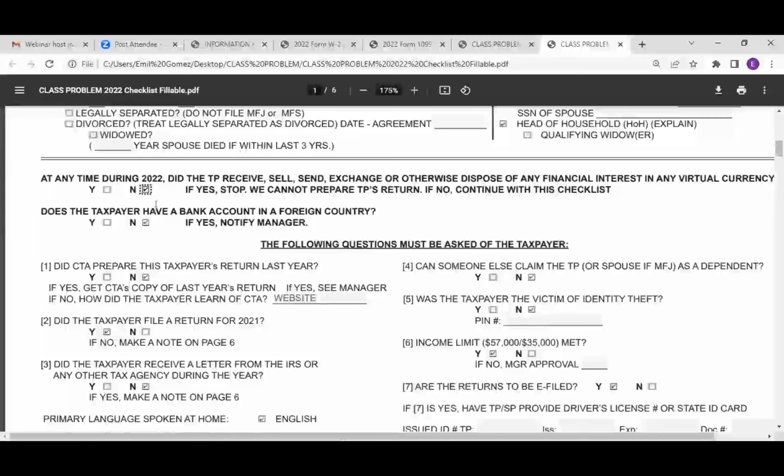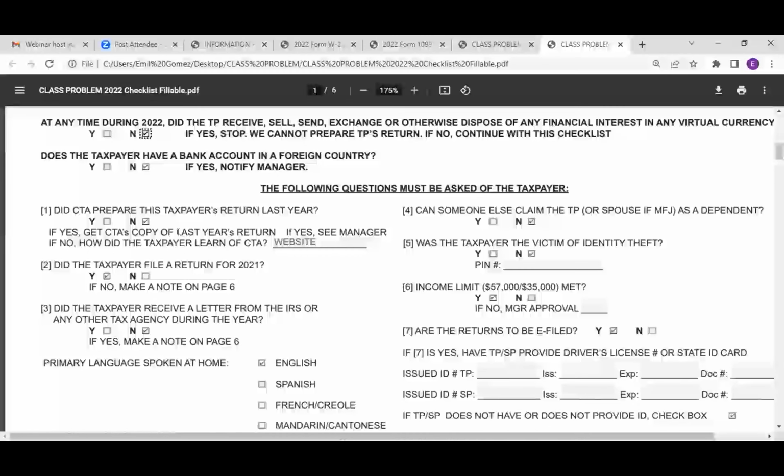Again, we talked about the importance of asking this question. And again, if this person did have an interest in Bitcoins or virtual currency, policy, once again, is not to do it. Based on FinCEN and FATCA rules, you can prepare a return if somebody has an interest in a foreign bank account. We don't come across that often.